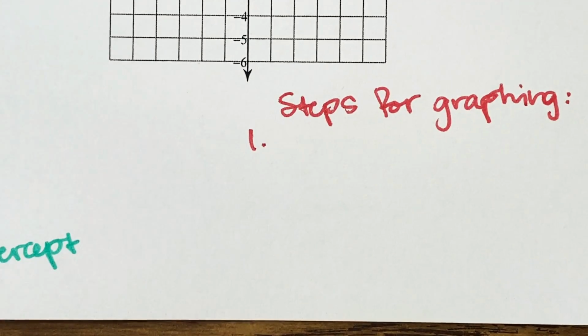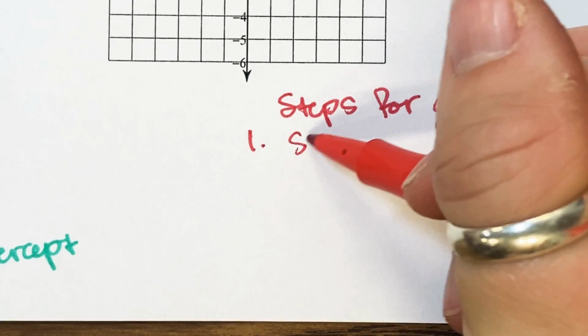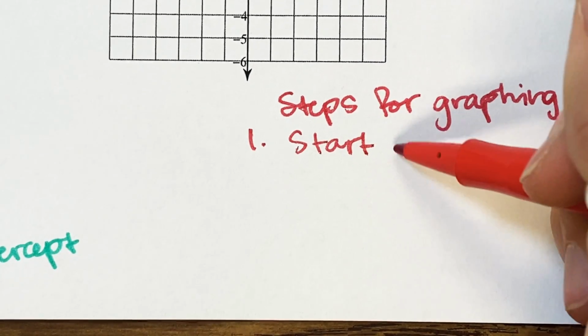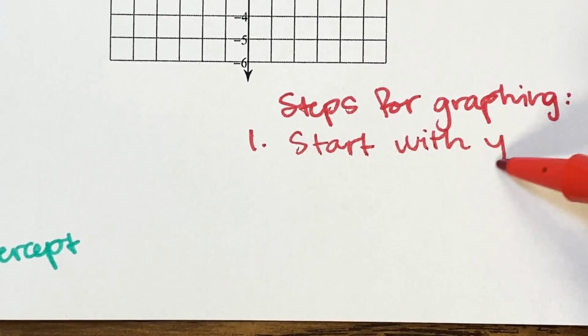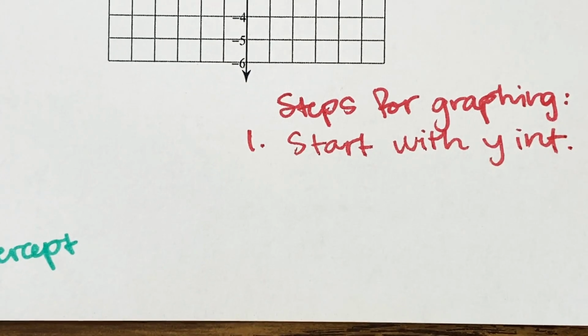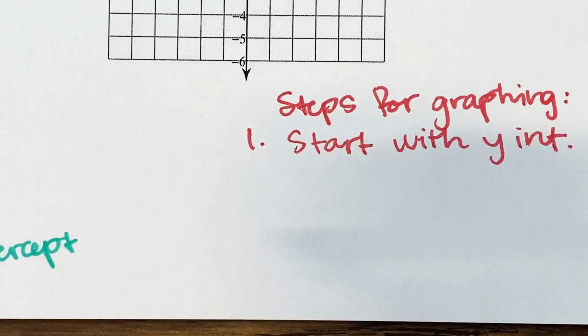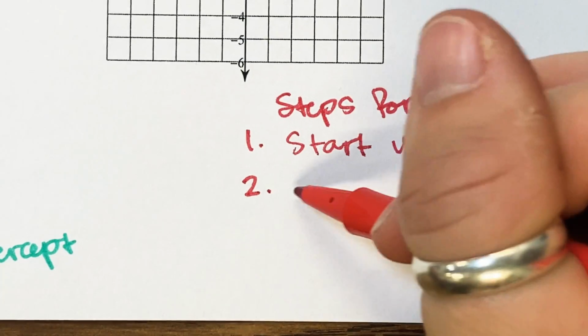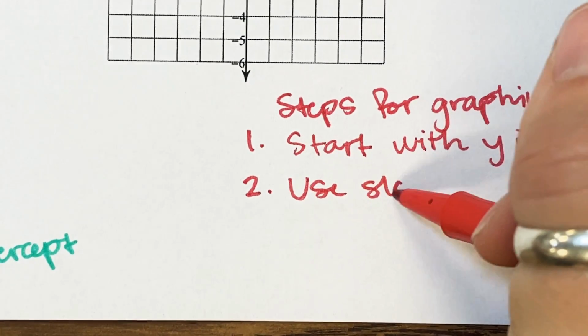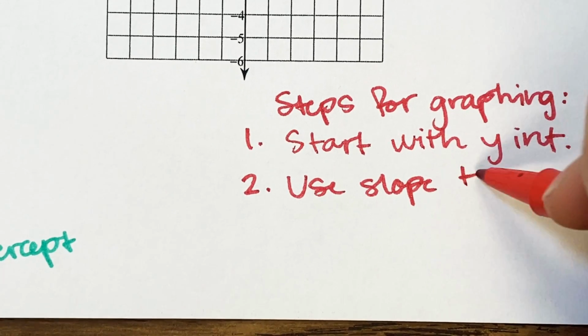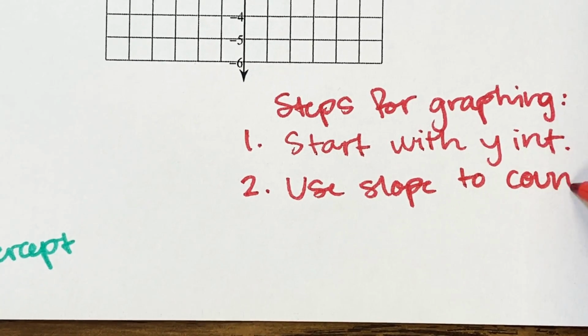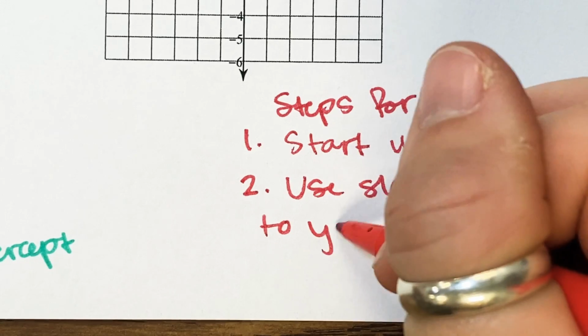Okay, so steps for graphing. Number 1, start with your Y-intercept. That is your starting point. Second, use your slope to count to your next point.